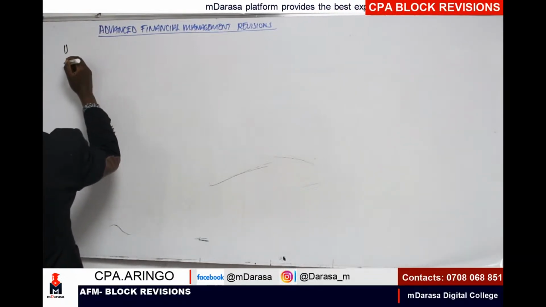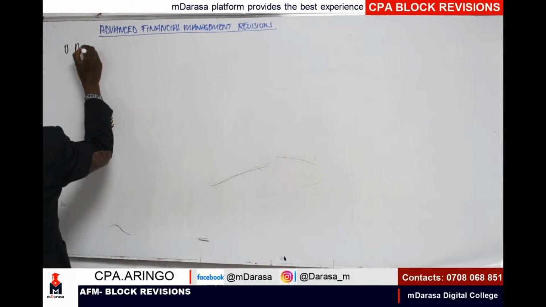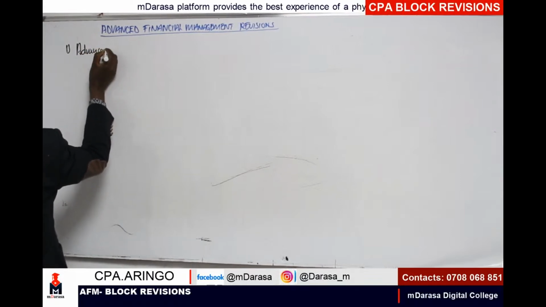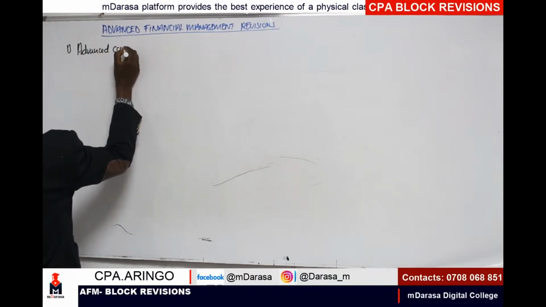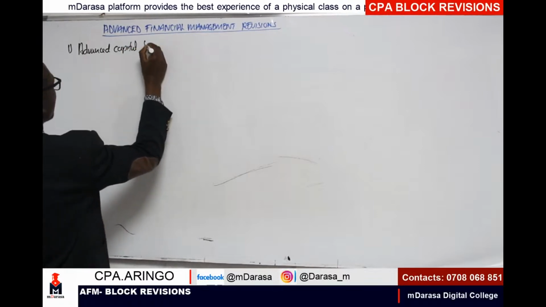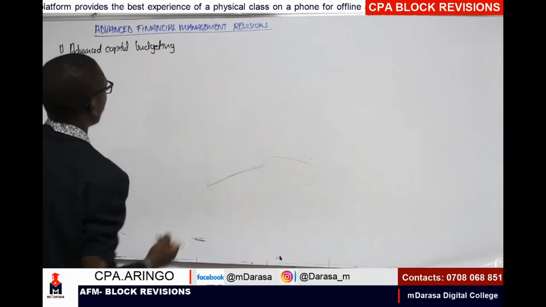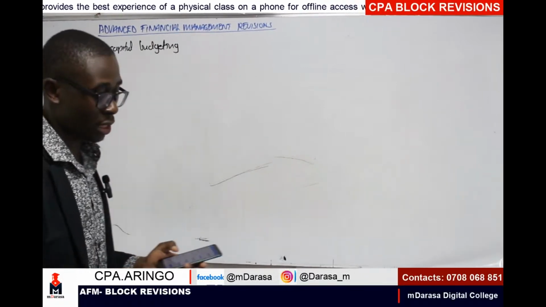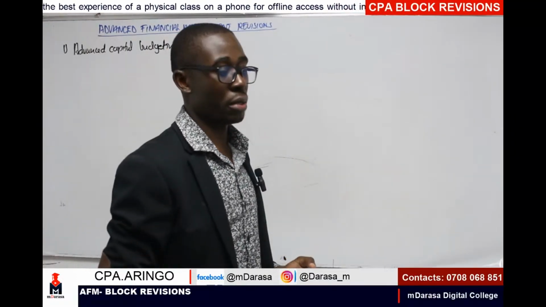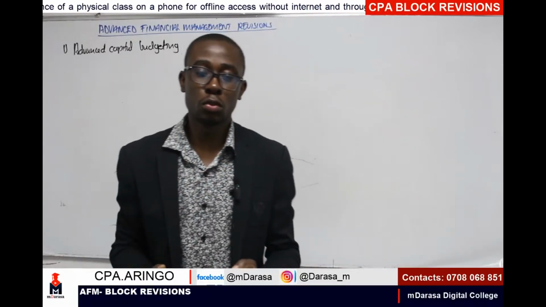Topic number 1, of course, is advanced capital budgeting. This is our first topic, and a very crucial and important topic, because if you analyze your papers, you'll find that the majority of the concepts come from topic number 1.